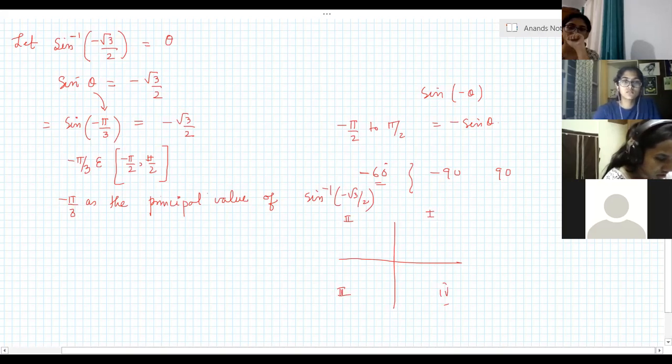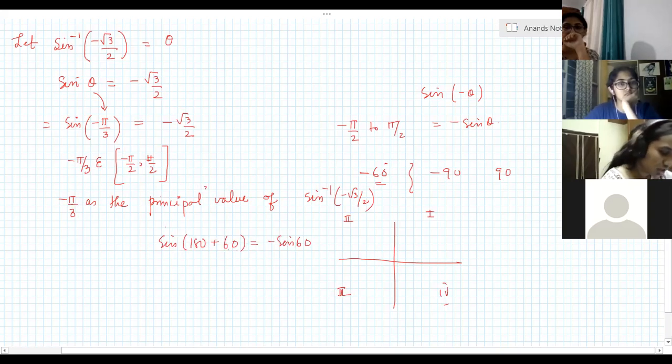That means sine of 180 plus 60 is equal to minus sine 60. Possible? Okay, 180 plus 60 gives minus sine 60. That means sine of pi plus pi by 3.